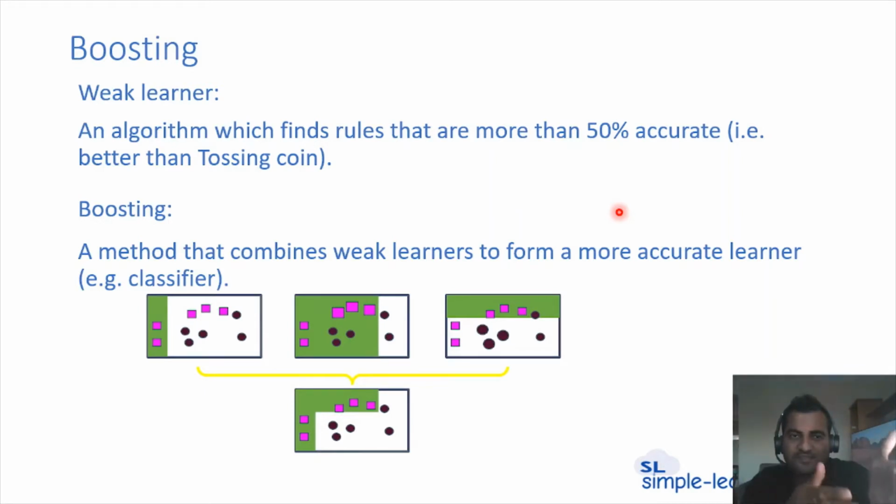By applying this weak learner, or algorithm one, we can expect a result more than 50% accurate. That is a weak learner. Then what is boosting? Boosting is a method that combines all these weak learners, multiple weak learners, and forms a more accurate learner, a so-called classifier, right?